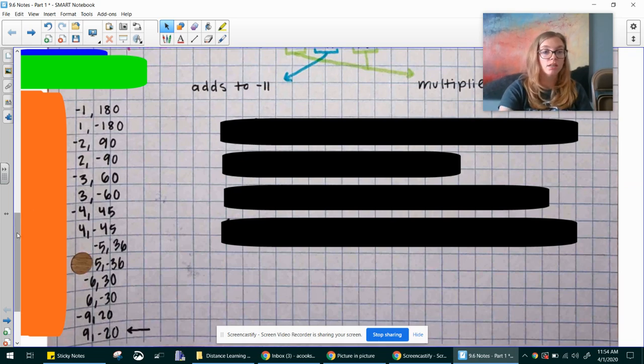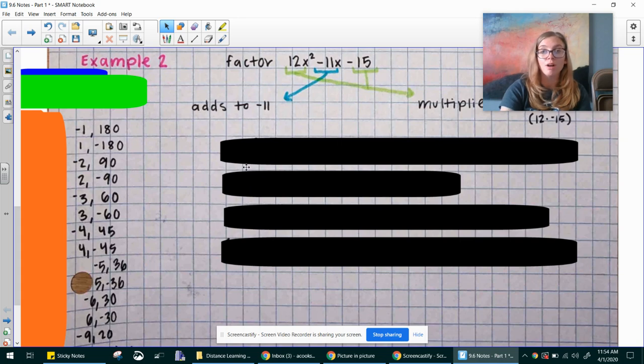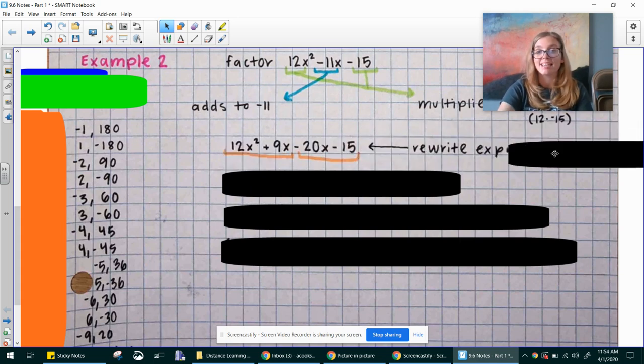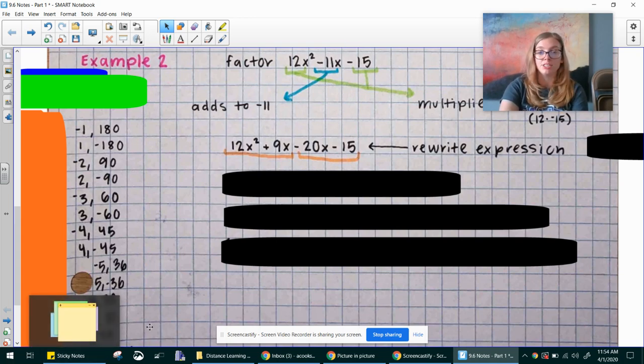So first step, now that I have my magic numbers, is to rewrite my expression as 12x squared. We're going to rewrite this negative 11 as plus 9x minus 20x minus 15. So we're rewriting our expression, but instead of negative 11x, we are going to use our magic numbers.